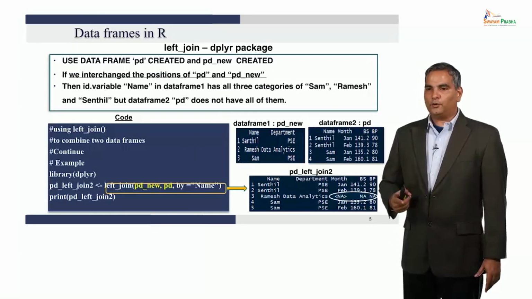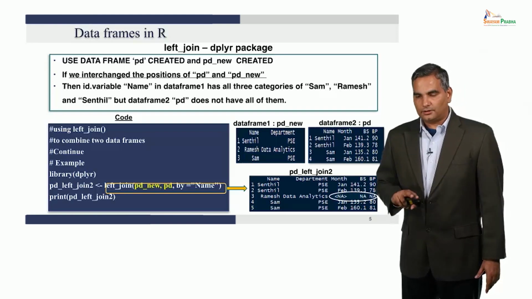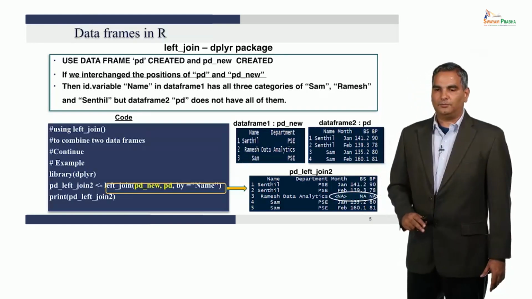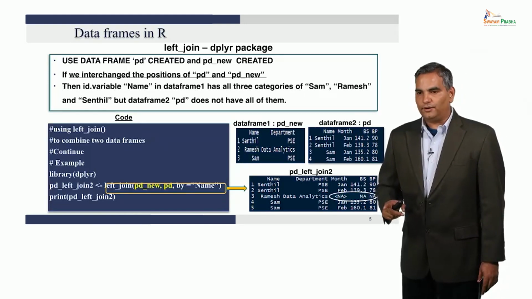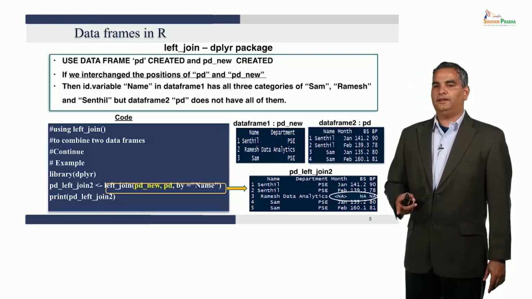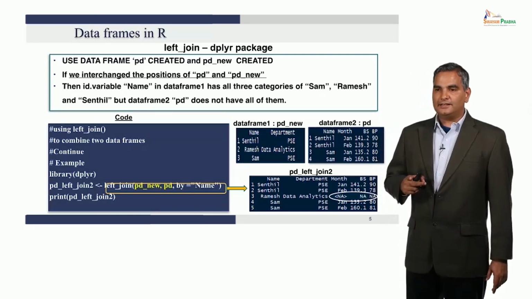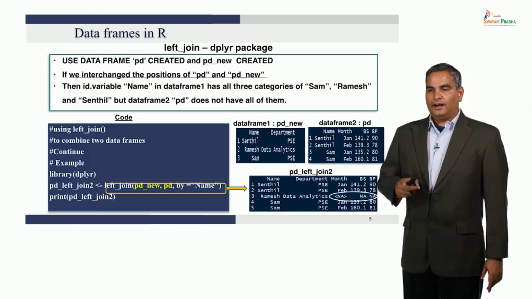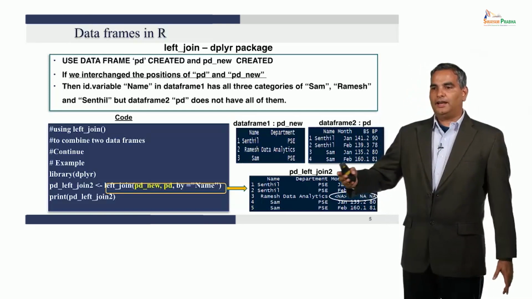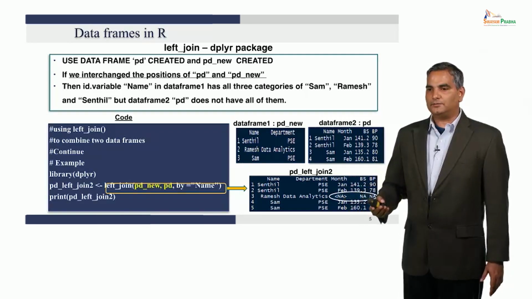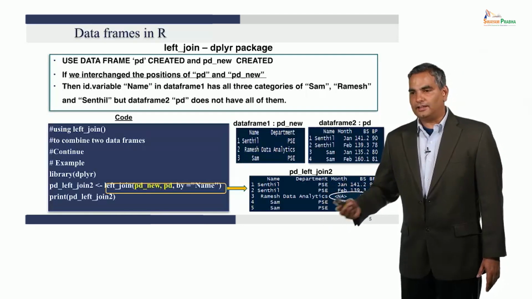Now, an interesting question would be, if I were to change the order in which I am joining this, and instead of doing PD and PD new, I were to do PD new and PD, now since PD new is the reference, and Senthil, Sam, and Ramesh are there, I should still retain Ramesh because that has become the reference, but I have no information for Ramesh in terms of month, blood sugar, and blood pressure in the other data frame.